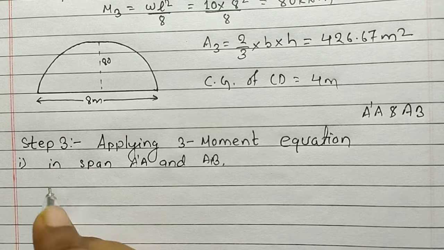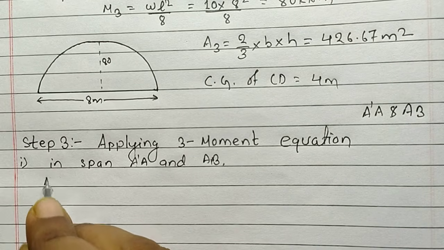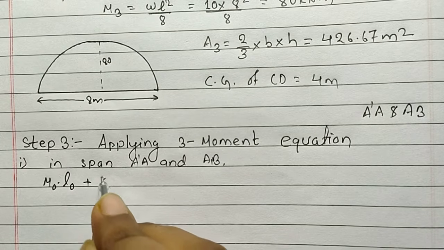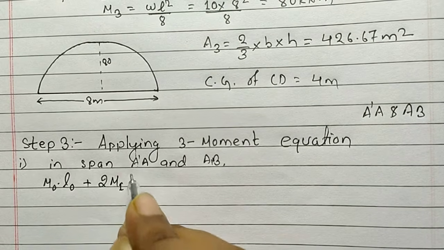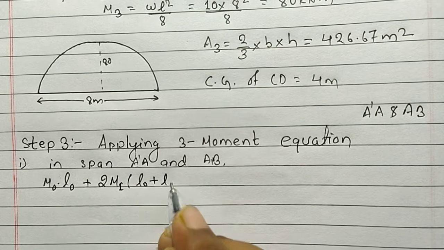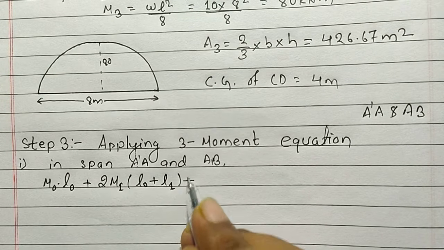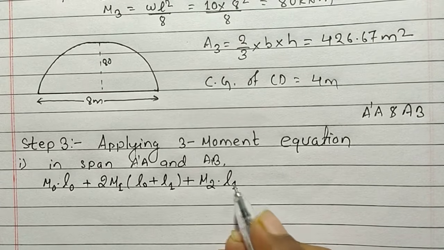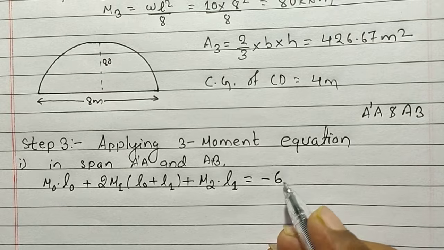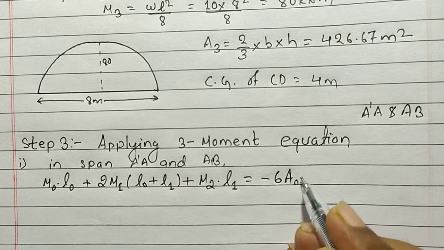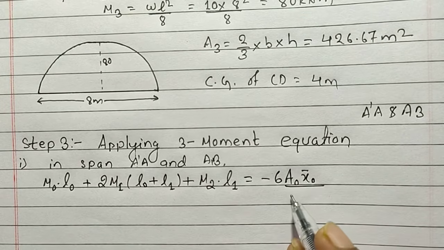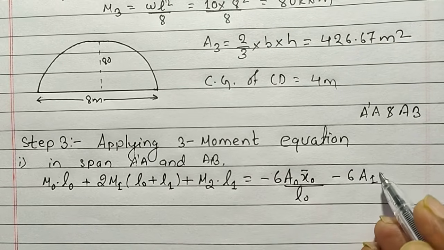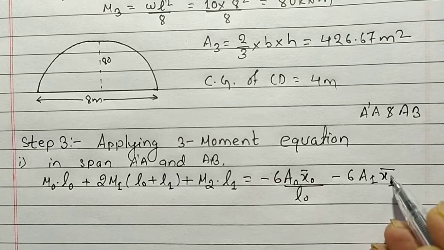So we will have M naught times L naught plus 2 M1 times L naught plus L1 plus M2 times L1 equals minus 6 A naught x naught bar by L naught minus 6 A1 x naught bar x1 bar by L1.